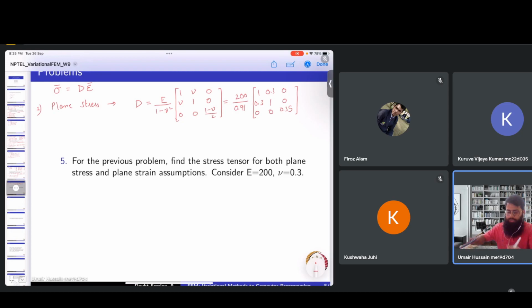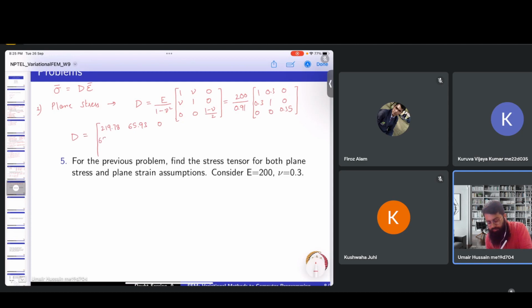So if we simplify this matrix, we have 200 divided by 0.91 first. That's 219.78. So we have D equals 219.78 multiplied by 1, which is 219.78, into 0.3 we have 65.93, and we have 0.